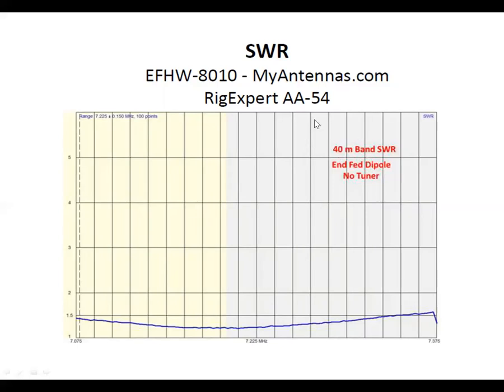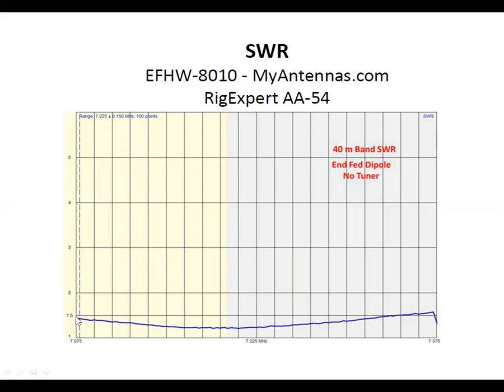I've got a typo there. And I was measuring it with my antenna analyzer, which is a Rig Expert AA54. What this shows is the frequency down here, and then this is the standing wave ratio. And the measured standing wave ratio as a function of frequency is shown here.